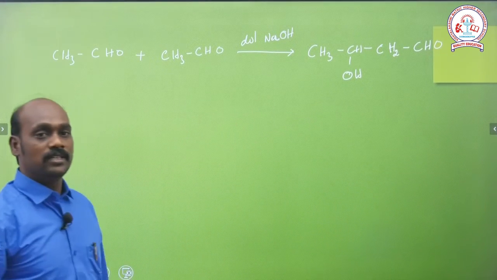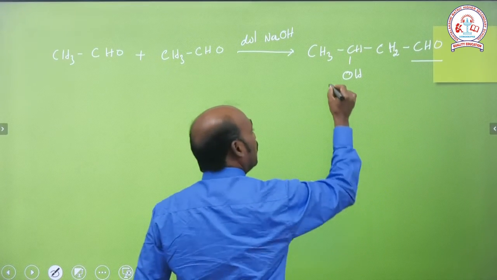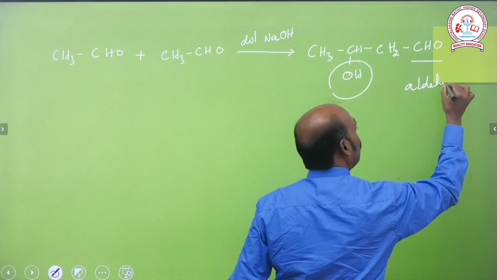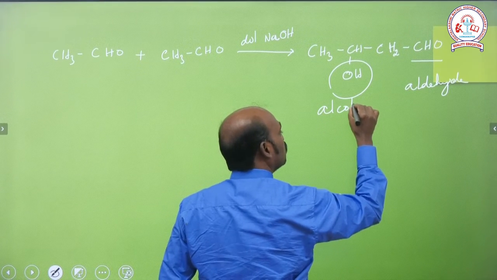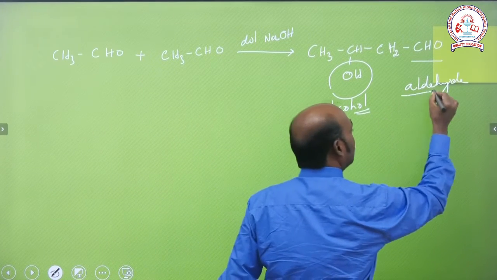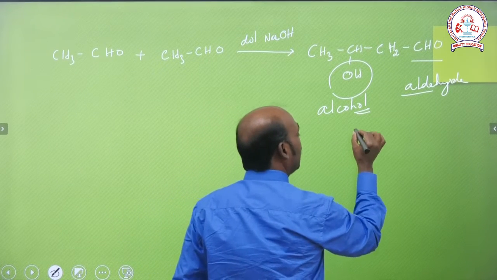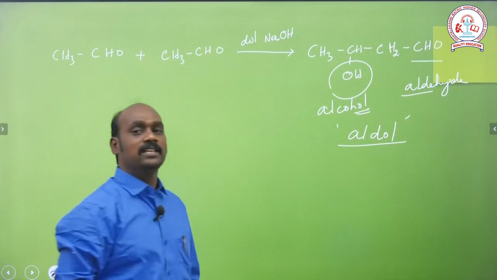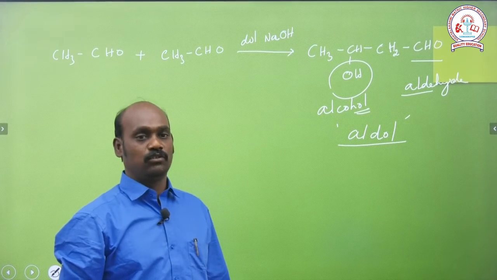This is aldol. Why is it called aldol? Because it contains both aldehyde and alcohol functional groups. This is the aldehyde functional group CHO, and this is the alcohol functional group. In alcohol, the suffix is ol, and in aldehyde, ald is the prefix. We combine both ald and ol, then we get aldol. So aldol means a compound which contains both aldehyde and alcohol functional groups.